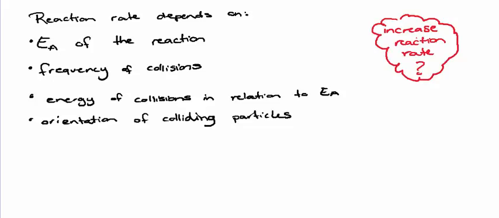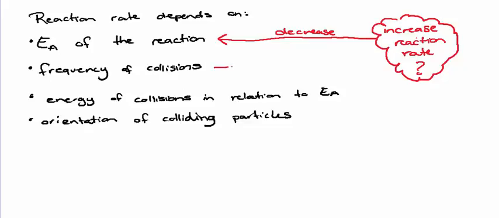Now, sometimes it'll be favourable to increase the reaction rate. So basically, have your products formed quicker. And if we have a look at these factors which influence reaction rate, we can see that to increase the reaction rate, so to have more productive collisions in a unit of time, it's going to increase if we decrease the activation energy required.